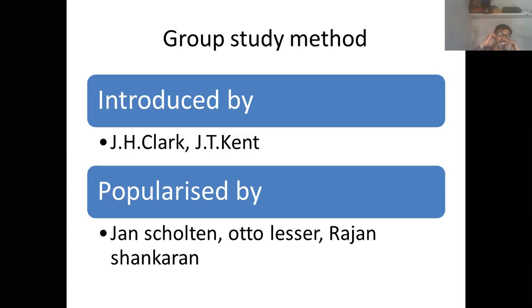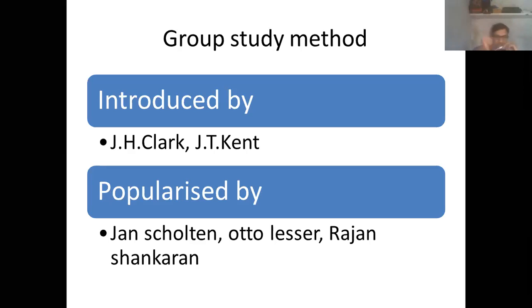The same author, J.H. Clark, later prepared a repertory, the Clinical Repertory, and in that book he initiated this method of study of homeopathic materia medica. Some authors give credit to J.H. Clark, but some authors give emphasis to James Tyler Kent.